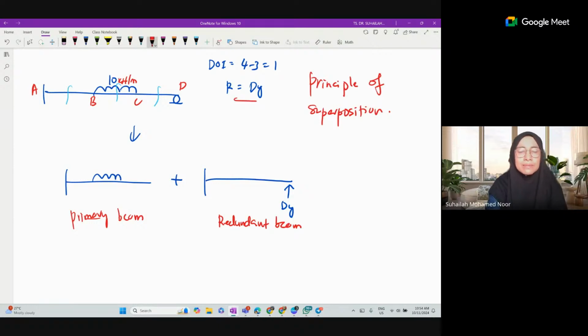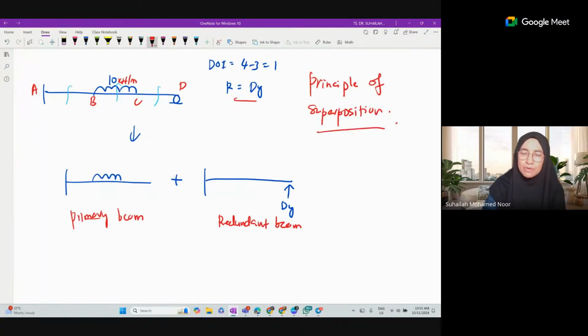Then we choose a redundant, and removing the redundant gives us the primary beam. The primary beam is a determinate beam, and it is not equal to the actual. Only after we add the redundant beam, which is a combination of external loading and Dy, then we get back all that we have in the actual beam. So this fulfills the principle of superposition.